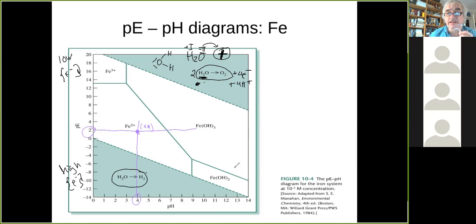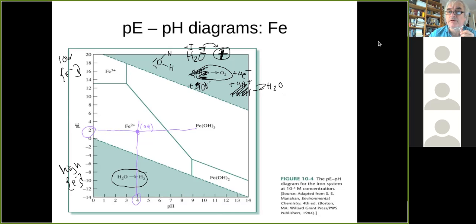If it occurs here in the basic part, then we should perhaps get rid of these hydrogen ions. We could add 4 hydroxides to both sides. So these 4 skip to those 2, and then we have 2 water. This is a similar formula. 4 hydroxide ions goes to oxygen and 2 waters and 4 electrons.